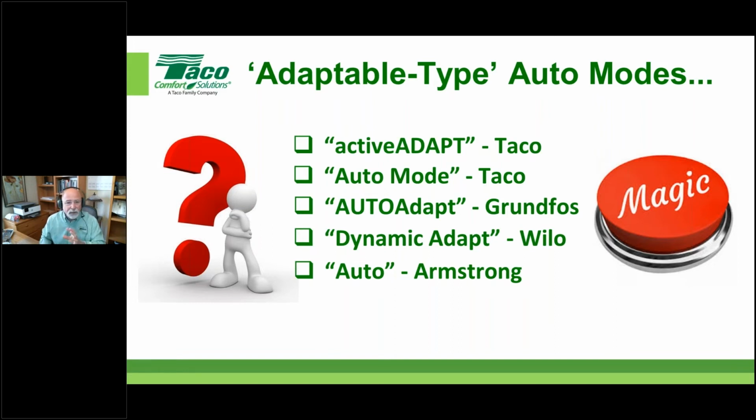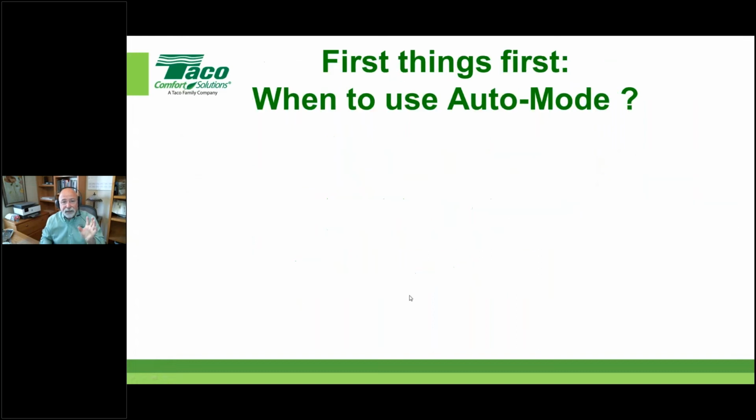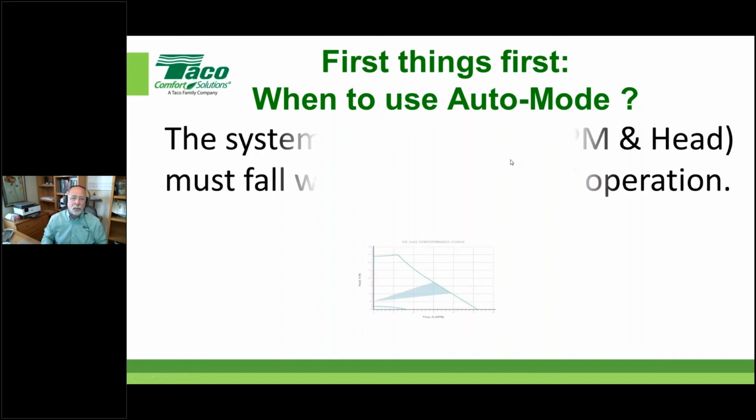We see it probably on a monthly basis out there, especially when they first came out, and people were saying, "Oh man, I was told all I got to do is use this mode of operation. It'll think for me. It'll do everything." And of course, we know that's not true. So again, auto modes are great modes, but make sure they're applied appropriately.